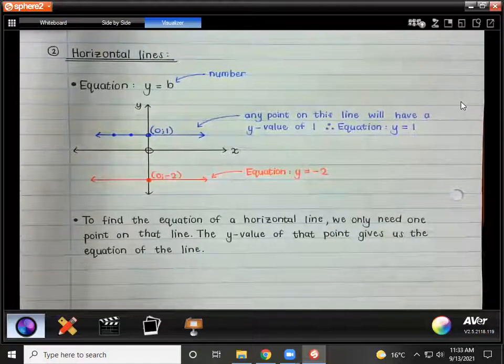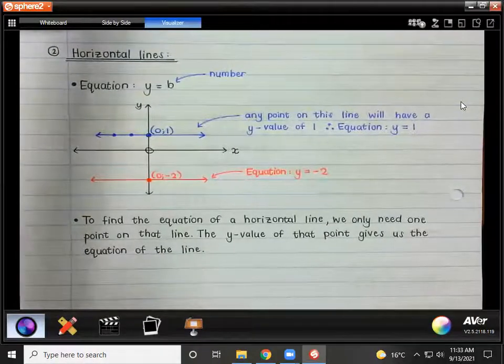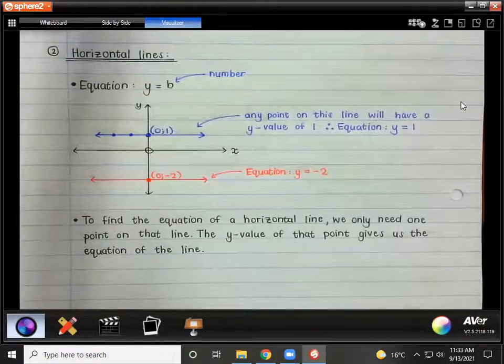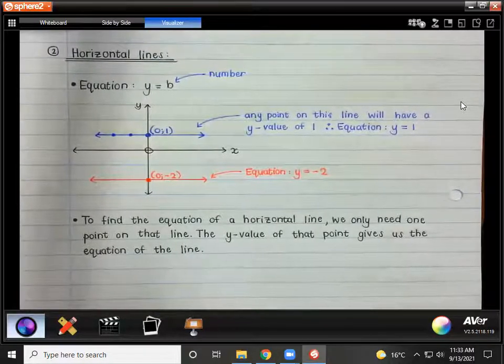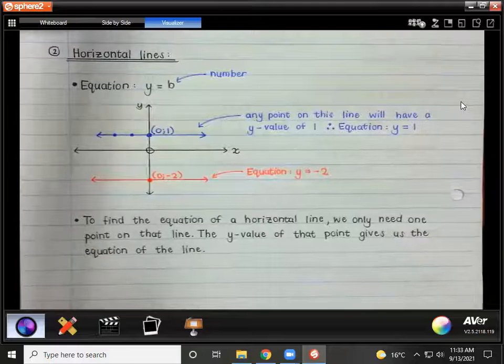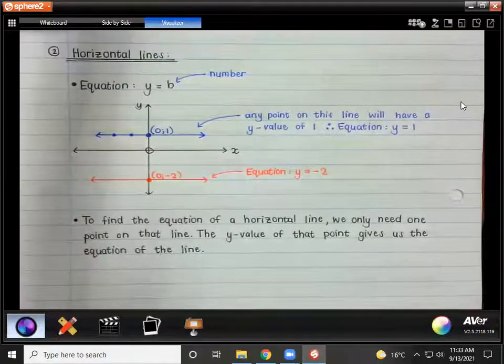Okay, so guys, what did we say now? We've done 2 lines, right? But for a vertical line, one that looks like this, the equation is always x equals an x value on that line. For a horizontal line, the equation is always y equals a y value on that line.